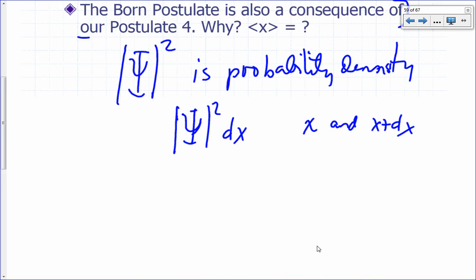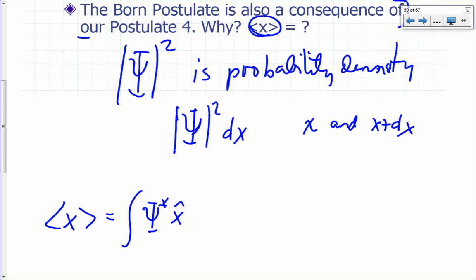Okay, so let's calculate the average location, average x value. How do we get that? Integral of psi star x hat psi d tau, right? So it should be automatic. If you want to calculate the average of anything, put it between psi star and psi, integrate over all space. So what would this be? Well, it's just a multiplicative operator.